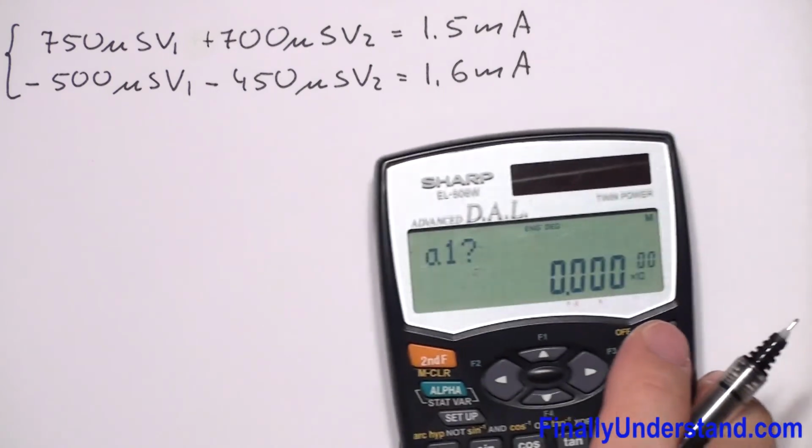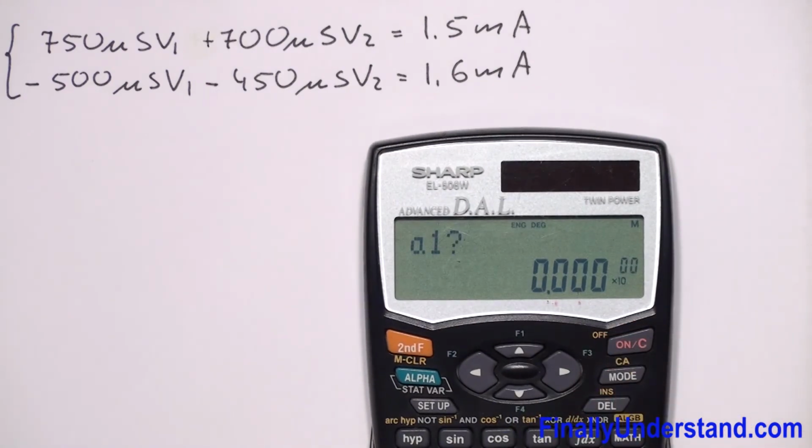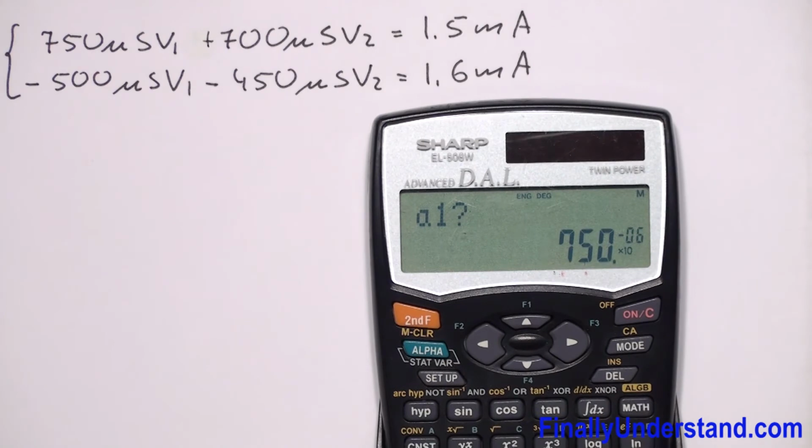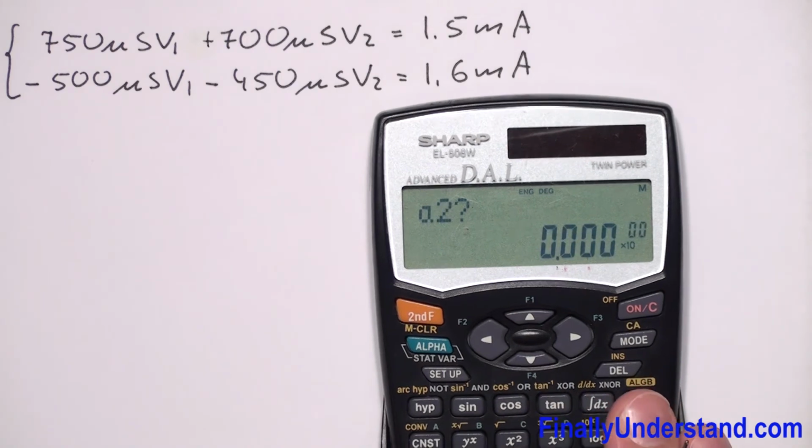Now I'm going to use my calculator to find the values of V1 and V2. So I have 750 exponent negative 6, and I have 700 exponent negative 6, and I have 1.5 exponent negative 3. This is my first equation.